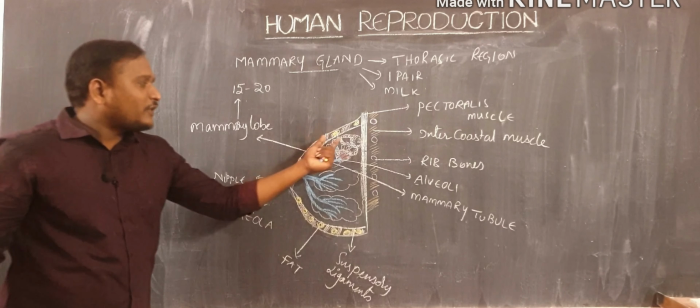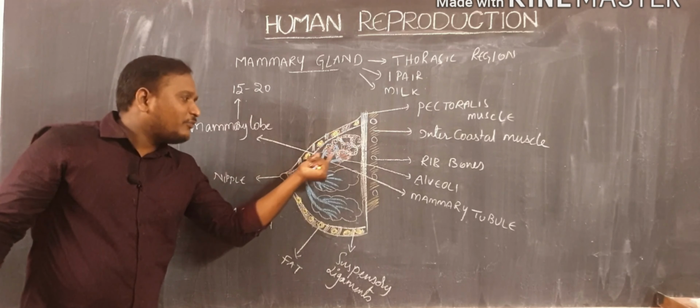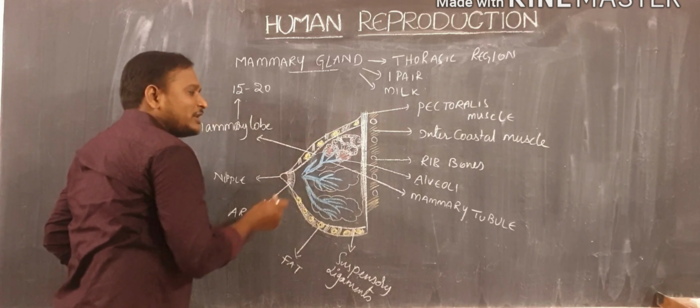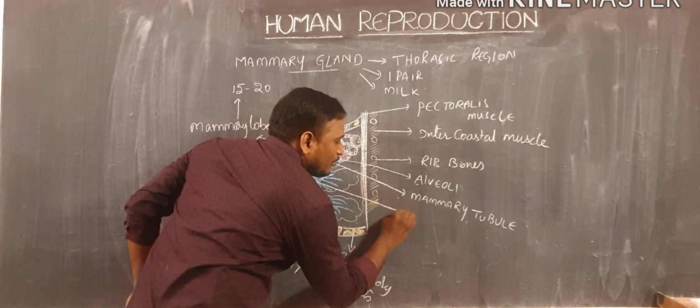From all alveoli, a number of mammary tubules form, and they gather and form one large tube-like structure which is also called the mammary duct.